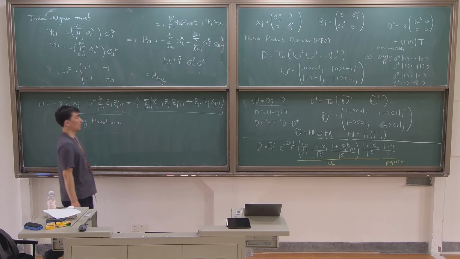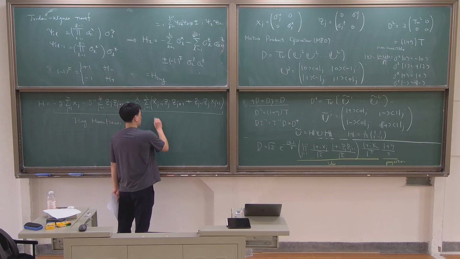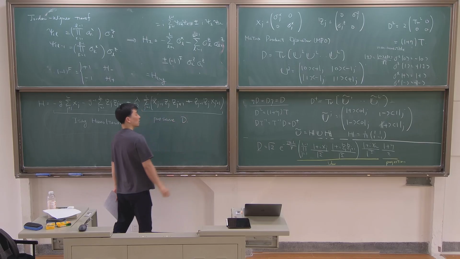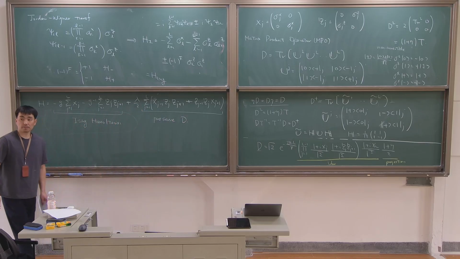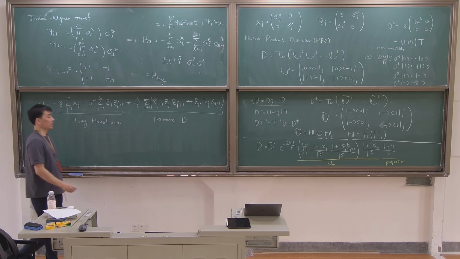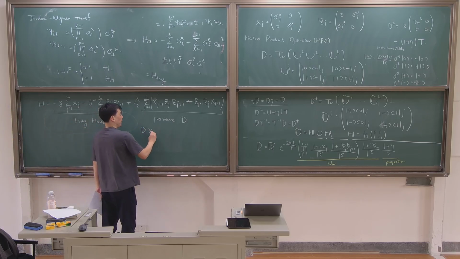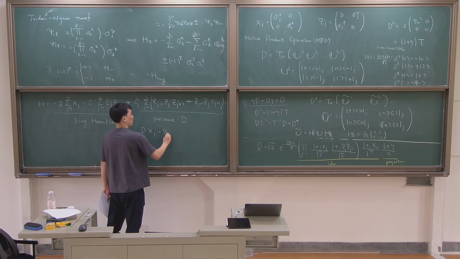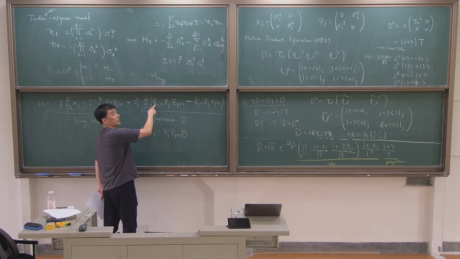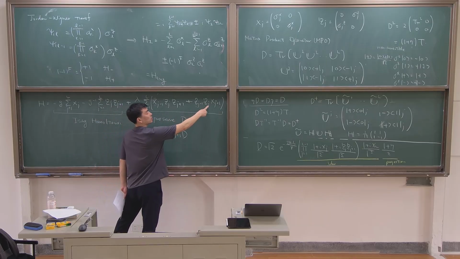But this one preserves D. Recall that D acts on X_j as Z_j Z_j plus 1 D. So if you act with D on X, you get this term.